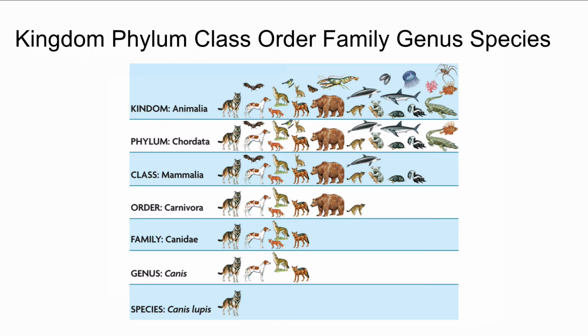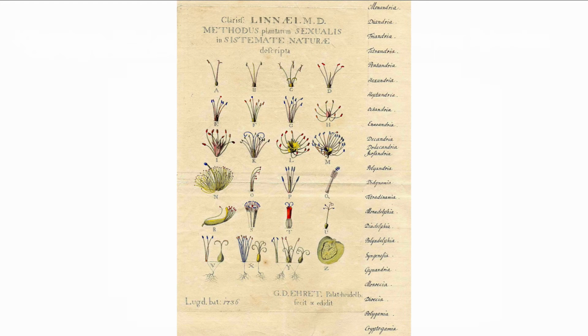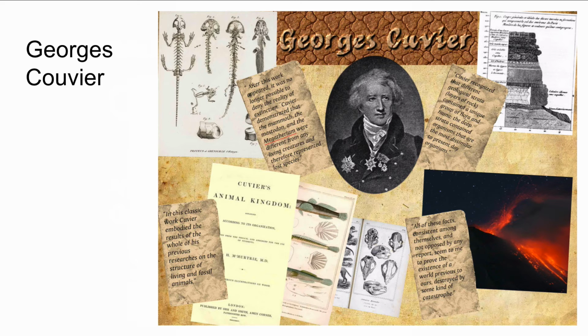So Carl Linnaeus was the first to organize all nature, not just animals, into this system. One of the reasons why that was so important was it made a system that was easier for scientists, biologists, and naturalists to see patterns in nature and to see how different organisms were related to one another. Here's one of his sketches from his book.